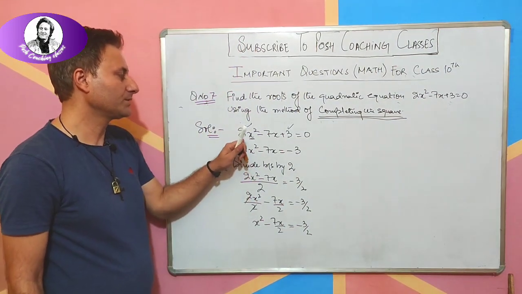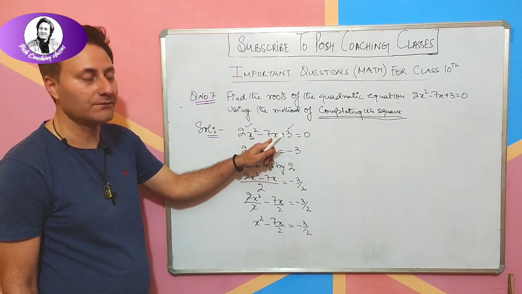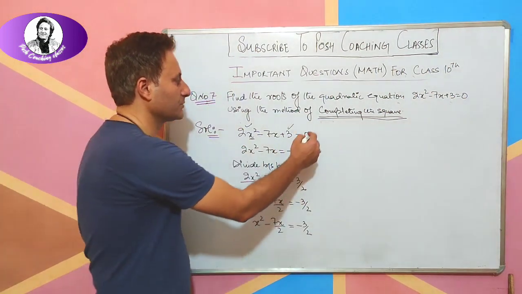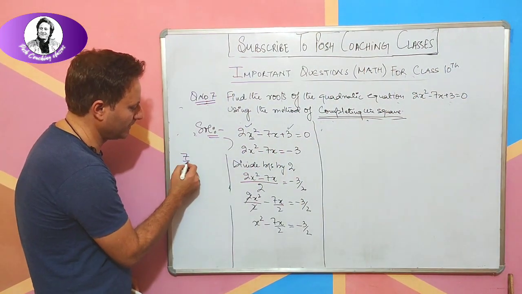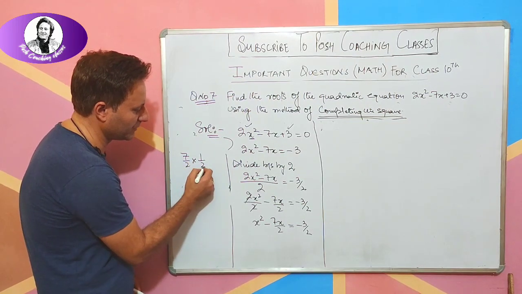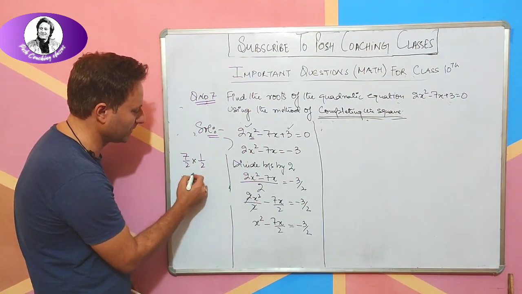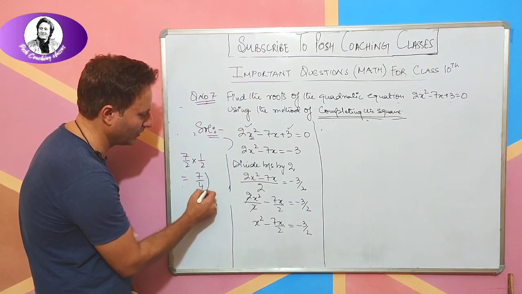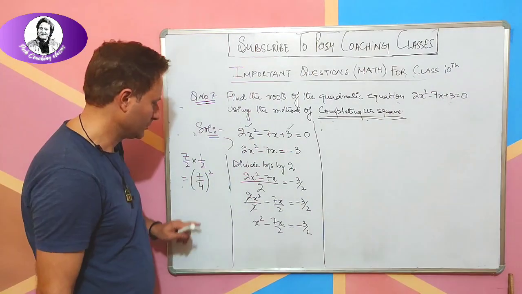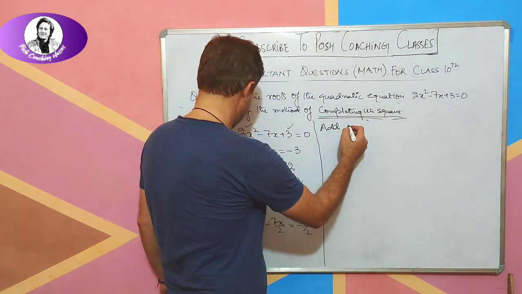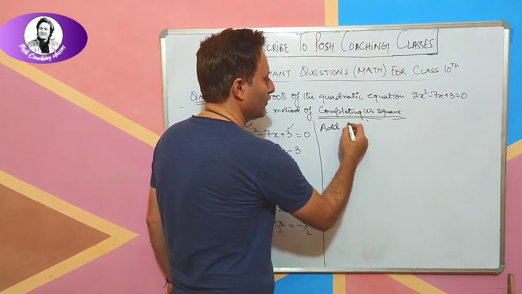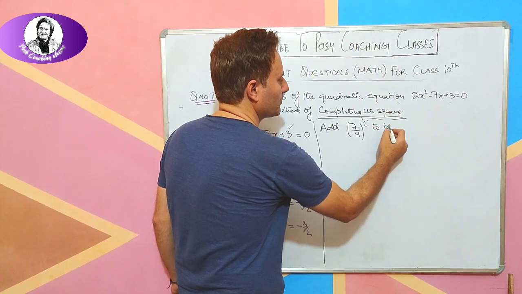Right? Now we are done with this. We cannot leave this because this is also important. Whatever is here, 7 upon 2, we just multiply it with 1 upon 2. So what does that become? It becomes 7 upon 4, but we have to put a square here. So we will add 7 upon 4 whole square to both sides.